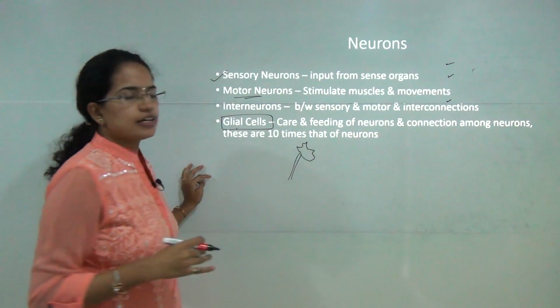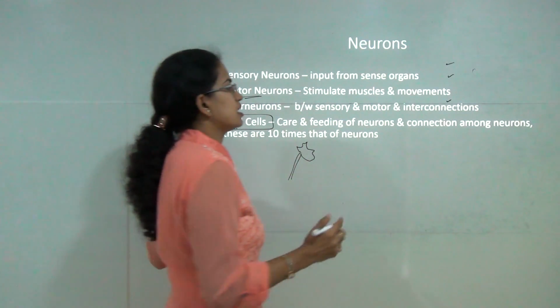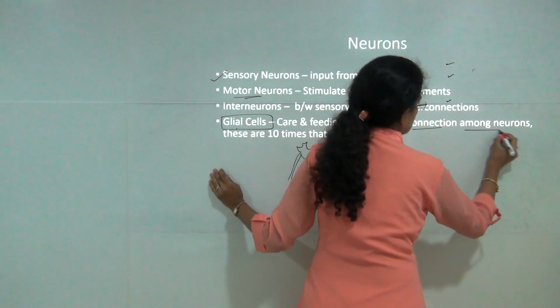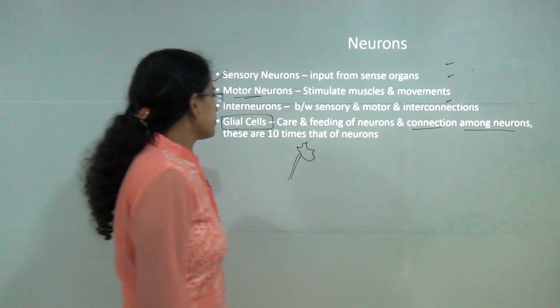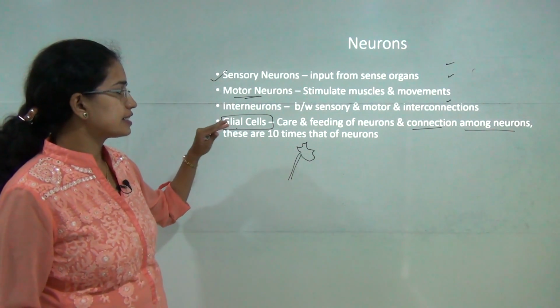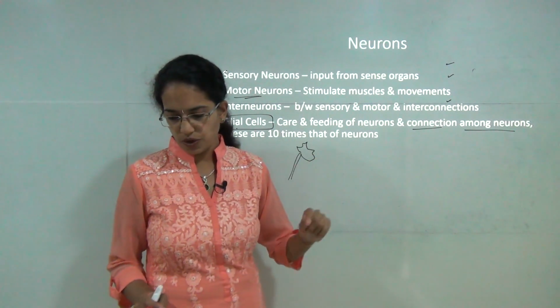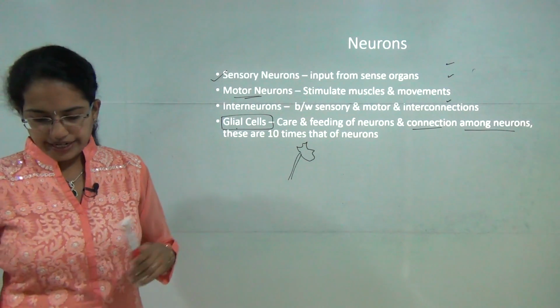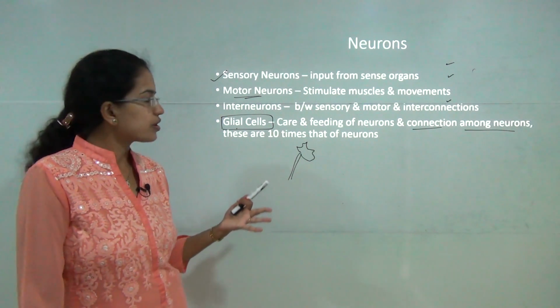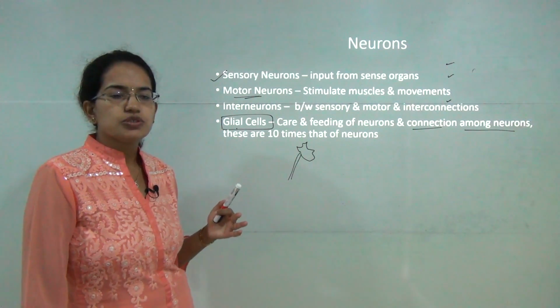However, later on it was established that these glial cells provide connections among various neurons, and finally it was discovered that they are 10 times more in number as compared to the neurons. So, you have at least 10 times more glial cells present in contrast to neurons.